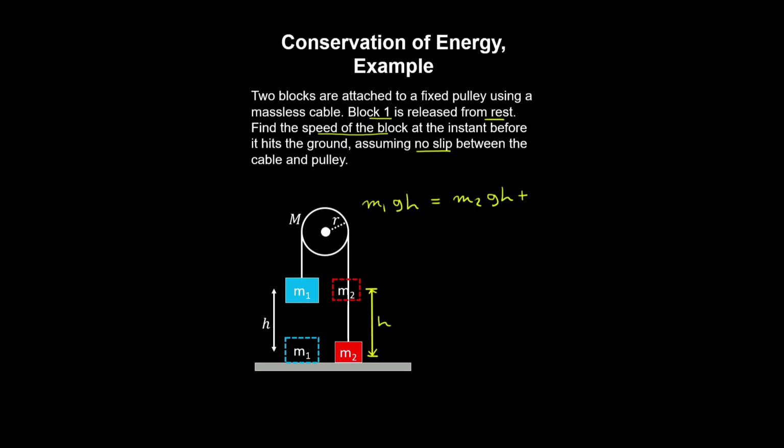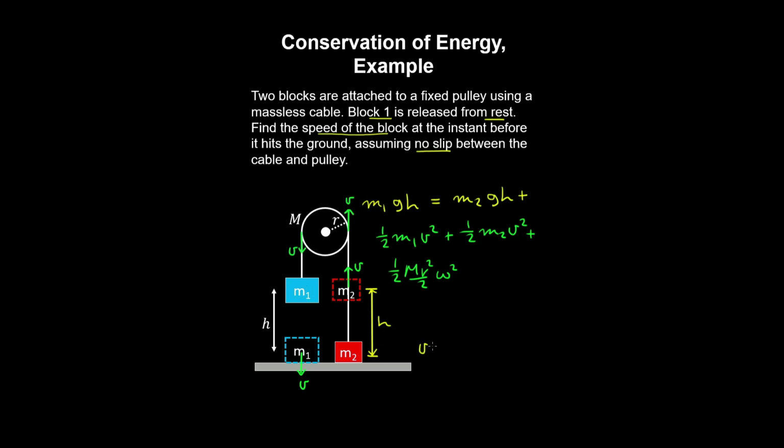And we add the kinetic energy of both masses, which are travelling at some speed v. And then plus the rotational kinetic energy of the pulley, which is going to have the same speed at the rim due to the no slip condition.